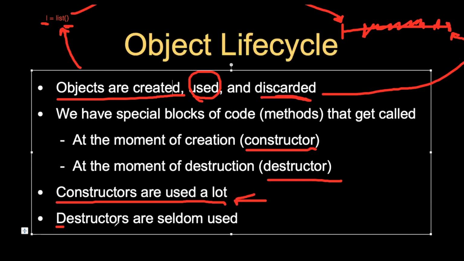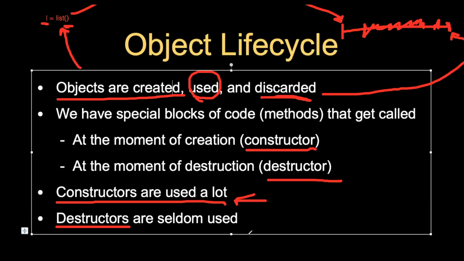But we don't use destructors a lot. Destructor carries specific purposes, meaning before the program is about to end, I want to make sure that all of the memory gets deallocated, meaning it's reclaimed back into the memory pool, and I don't have to worry about it. Now, you will go through what's called destructors for that kind of stuff. Destructors are not used a lot for a good reason.